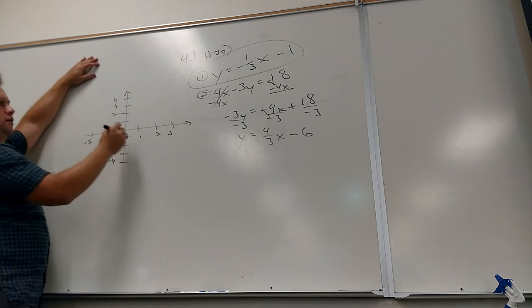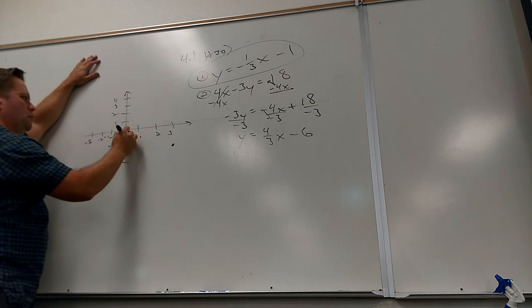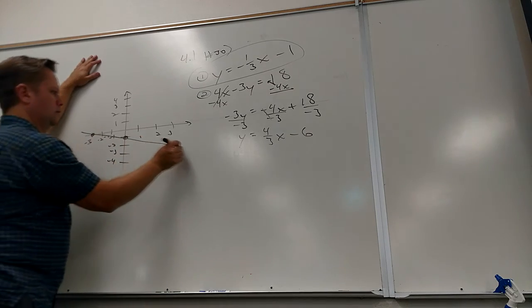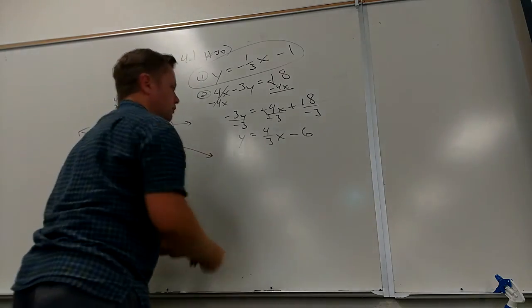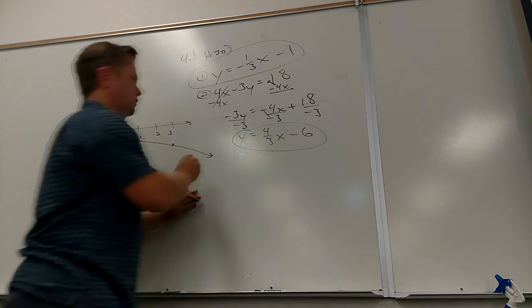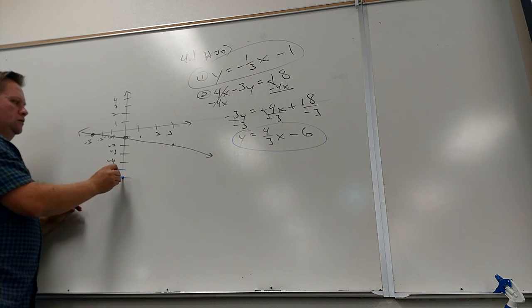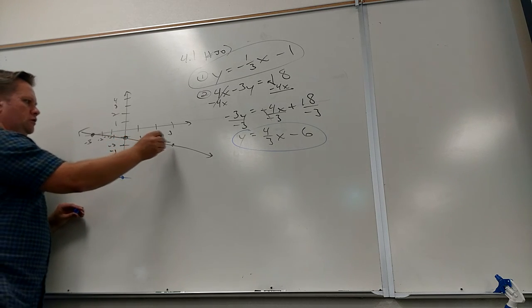Then you go down 1 over 3. I could also go up 1, back 3. I like it, so there I am. What about the other one? -6. And I go 1, 2, 3, 4. 1, 2. Yay.